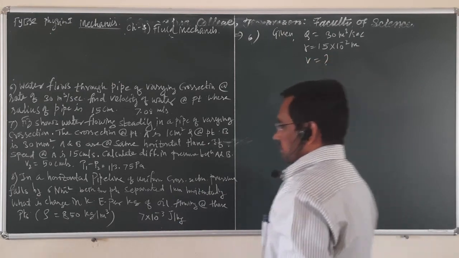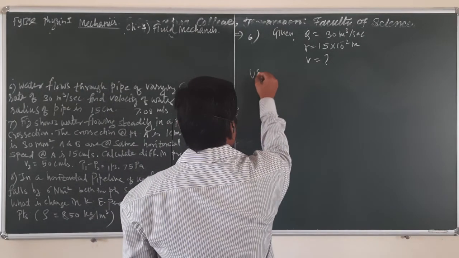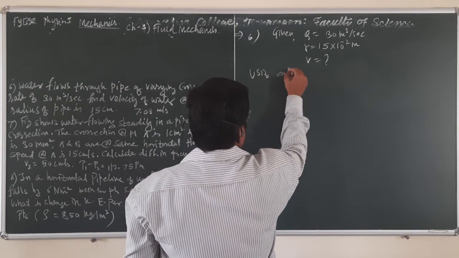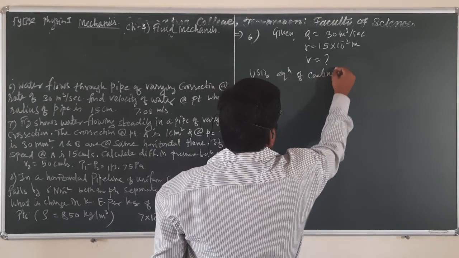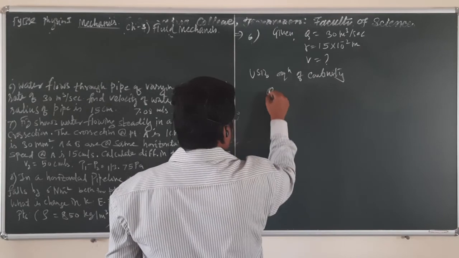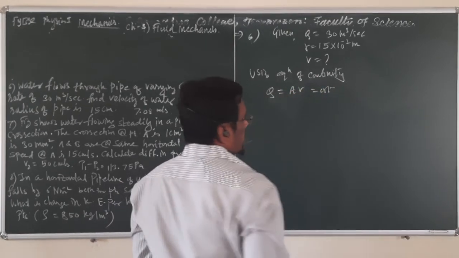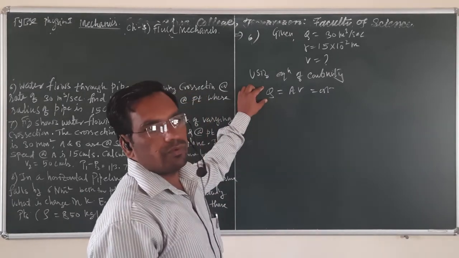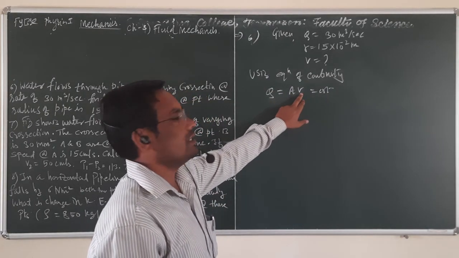Now using the equation of continuity, we know that here water is flowing through the pipe, so the equation of continuity is Q is equal to A into V is constant. Q is volume flow rate, A is area of cross section of that pipe, V is the velocity.